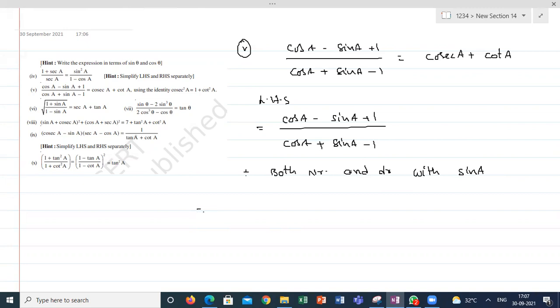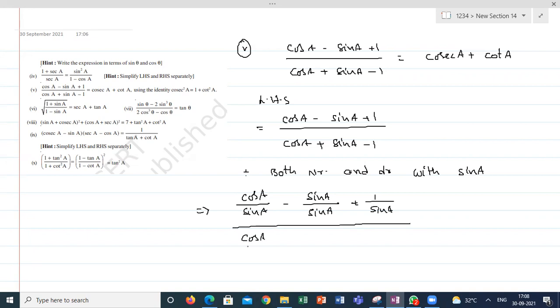So after dividing, each and every term I'm dividing by sin A. Cos A by sin A minus sin A by sin A plus 1 by sin A, over cos A by sin A plus sin A by sin A minus 1 by sin A.